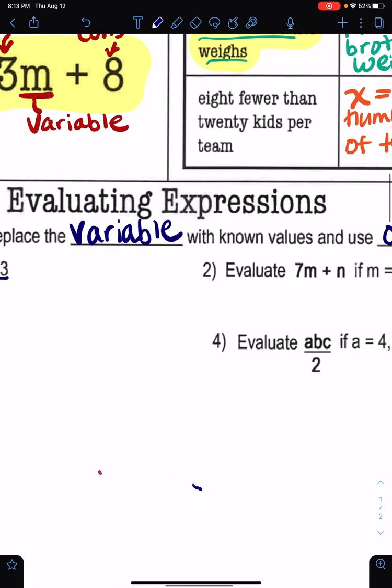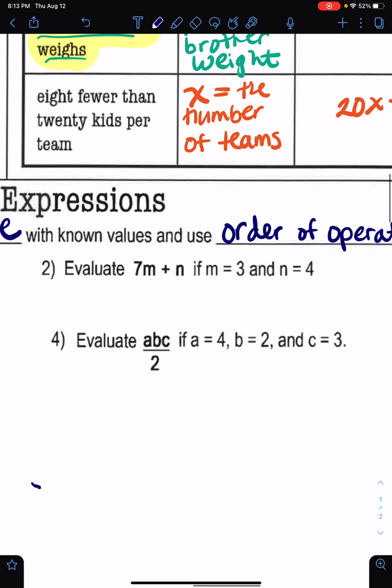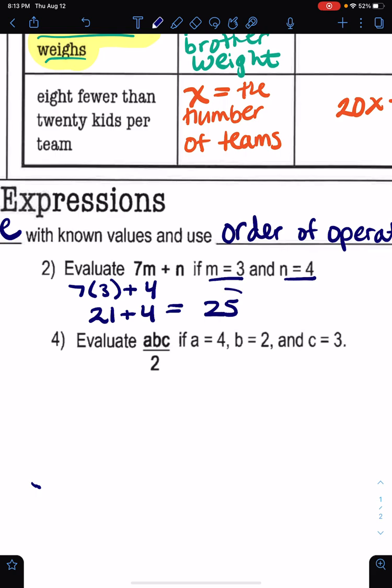Let's try number 2. Evaluate 7m plus n if m is 3 and n is 4. Well, 7m means 7 times m, not 73, but 7 times 3. And then we'll add n, which is 4. Remember the order of operations says we multiply before we add, so we'll end up with 25.